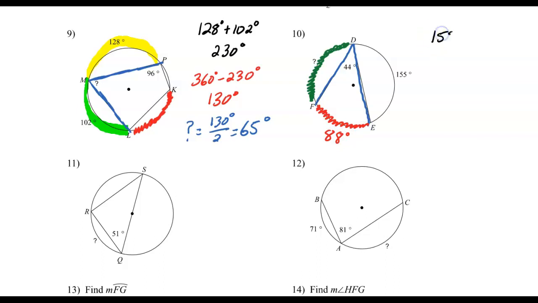Then I could add 155 and 88. Doing that, I get 243 degrees. Again, a full circle is 360, so the arc I'm looking for is 360 minus 243, which is 117 degrees.